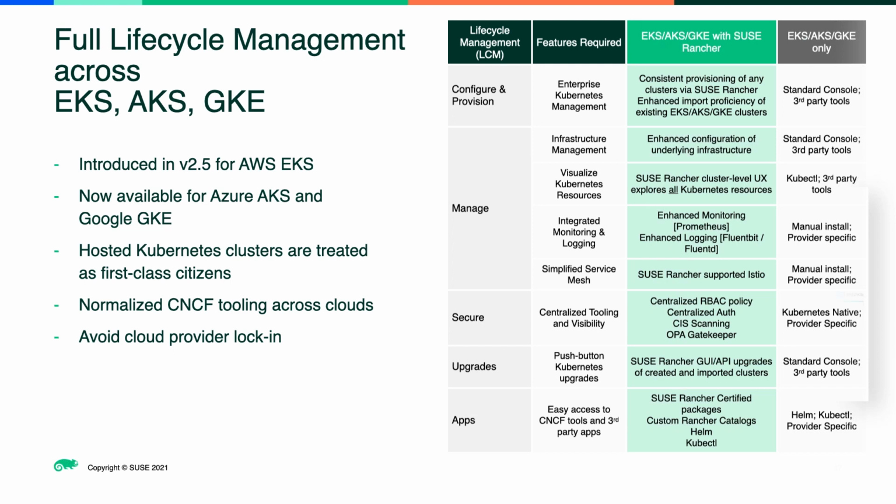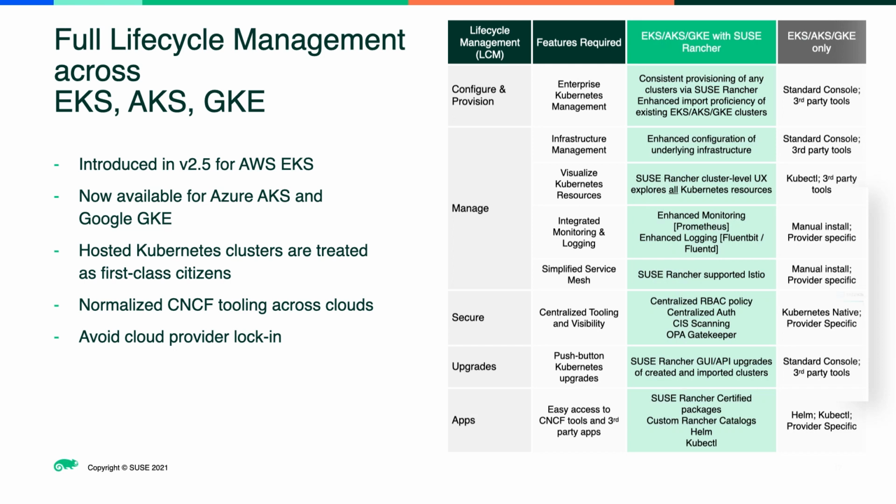SUSE Rancher provides a consistent UI to provision Kubernetes across any infrastructure provider. You can use SUSE Rancher as a single point of provisioning, but you can also use your existing provisioning mechanisms. So basically, if you decide to use Terraform, you can still use it.